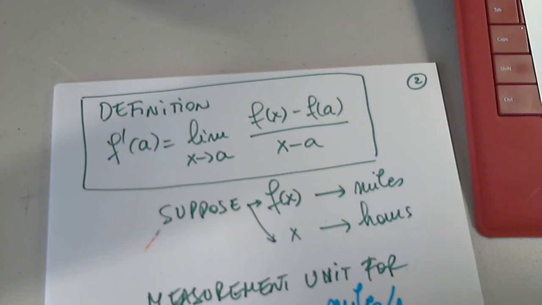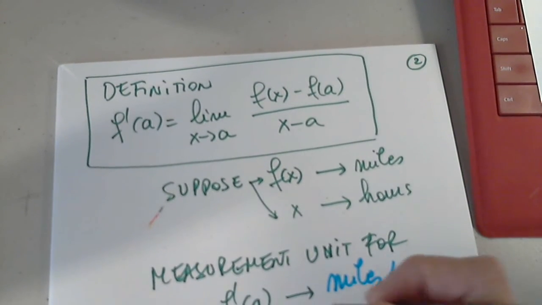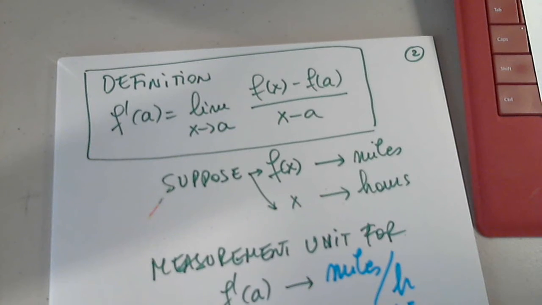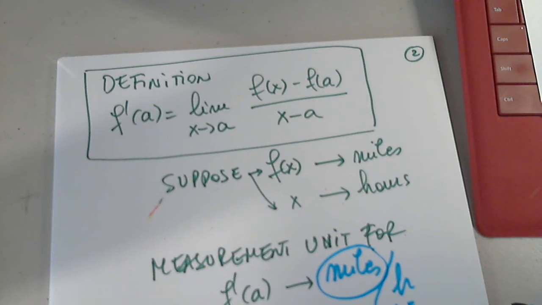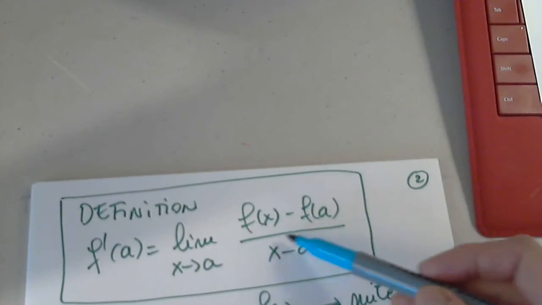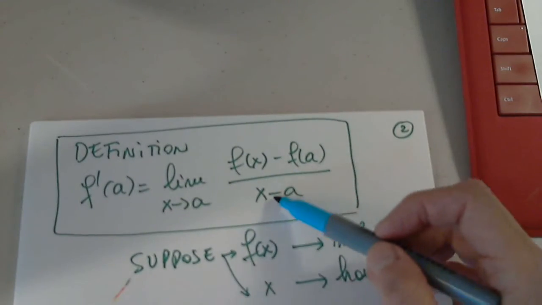So remember, this is the rate of change. The measurement unit for the derivative will always have 2 measurement units: a measurement unit for the top of the ratio, and the measurement unit for the denominator of the ratio.